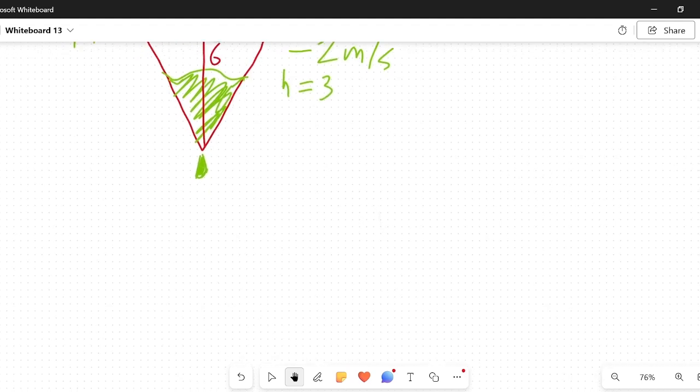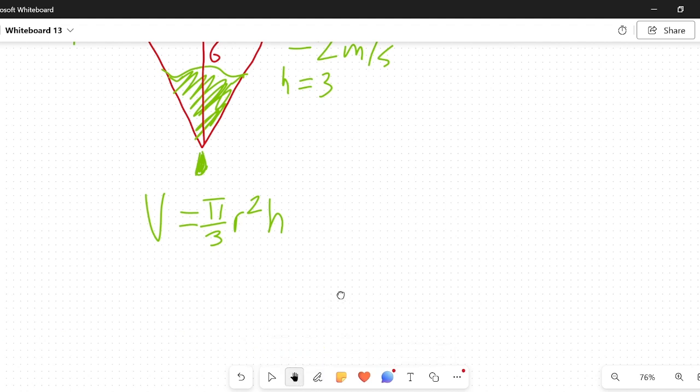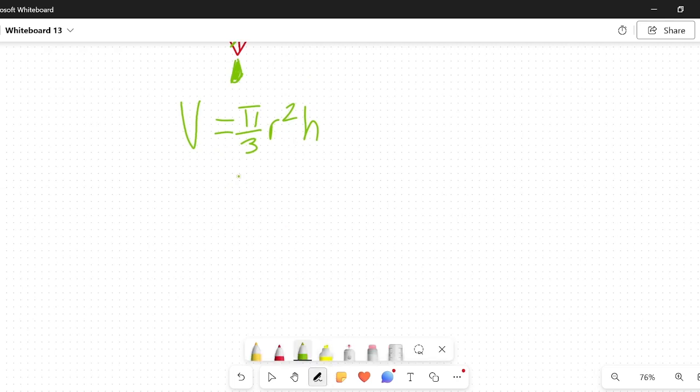So in order to do this, we would take the actual formula for a cone. V equals one third pi r squared h.